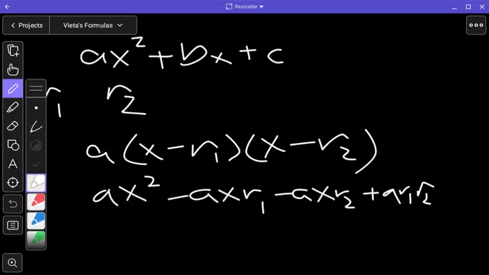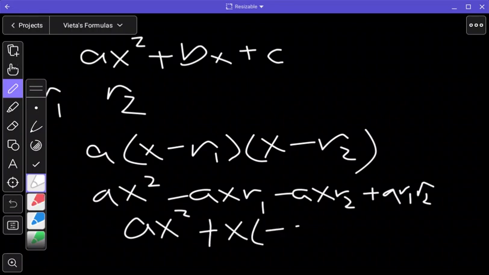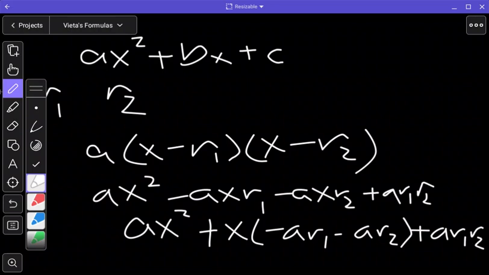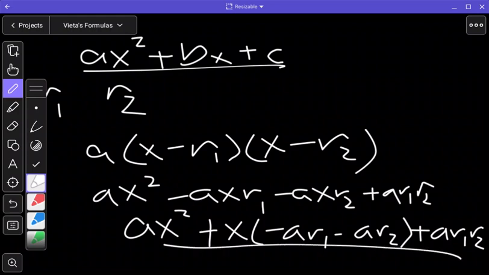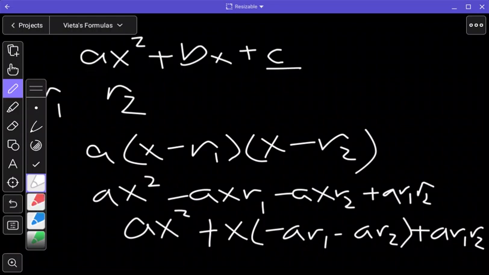And we can further simplify this by writing it as ax squared plus x times (minus a r1 minus a r2) plus a r1 r2. And because these two are equivalent, that means c over here should equal this, and b over here should equal this.